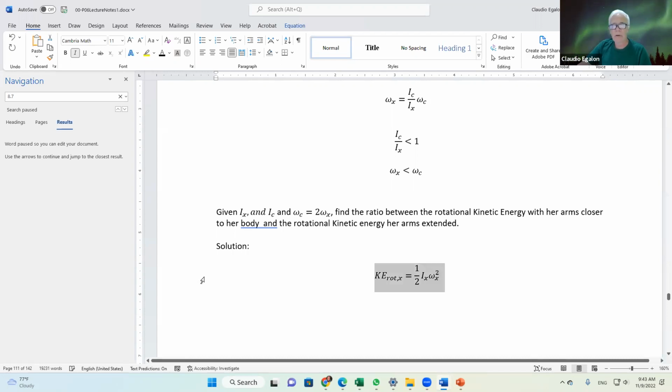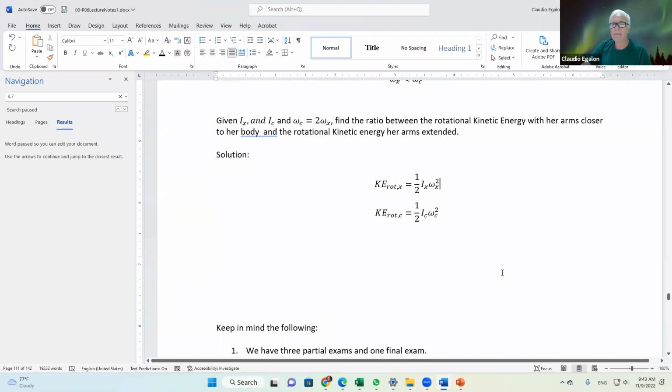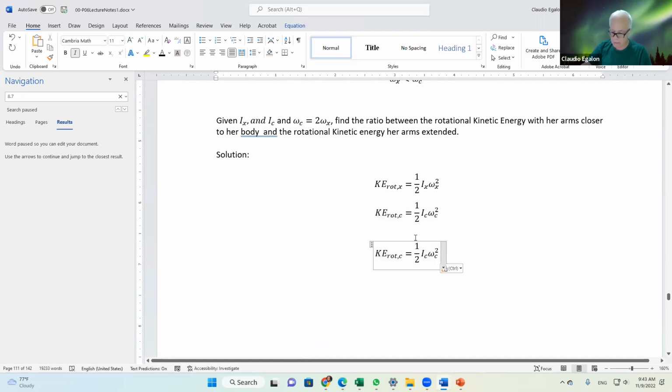That's the rotational kinetic energy with the arms extended. Rotational kinetic energy with the arms compressed. It's something like that. Right? So what they want is this divided by this. Right? So here we go.